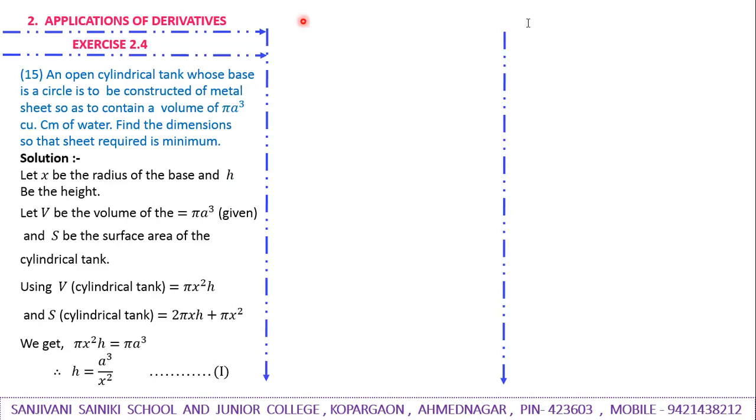Let us see by diagram. This is the circular part, this is the height of that particular cylinder, and from the top it is open and the radius is x.